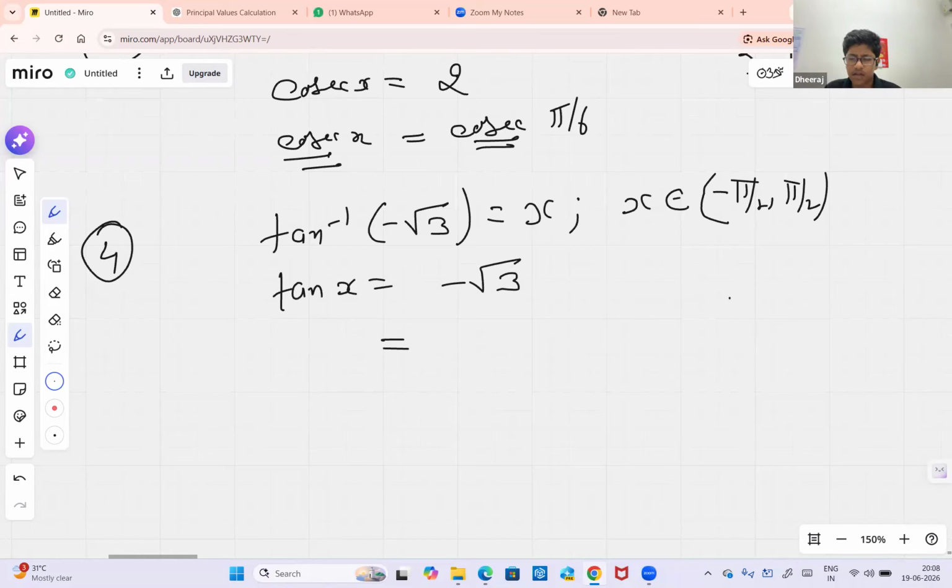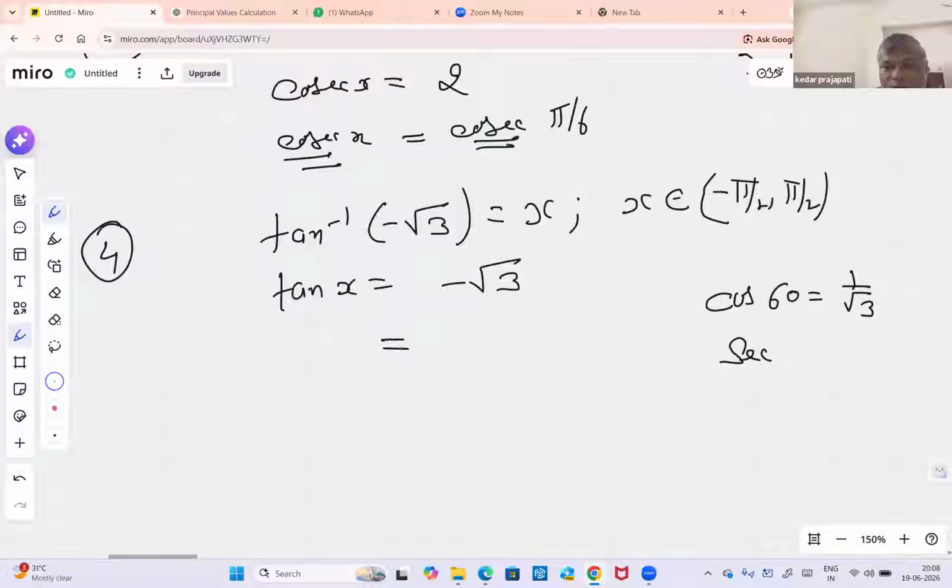Cos 60 is 1 by 2, so sec 60 will be root 3. Okay. So somewhere 60 is coming. Angle is 60. But now I cannot write.